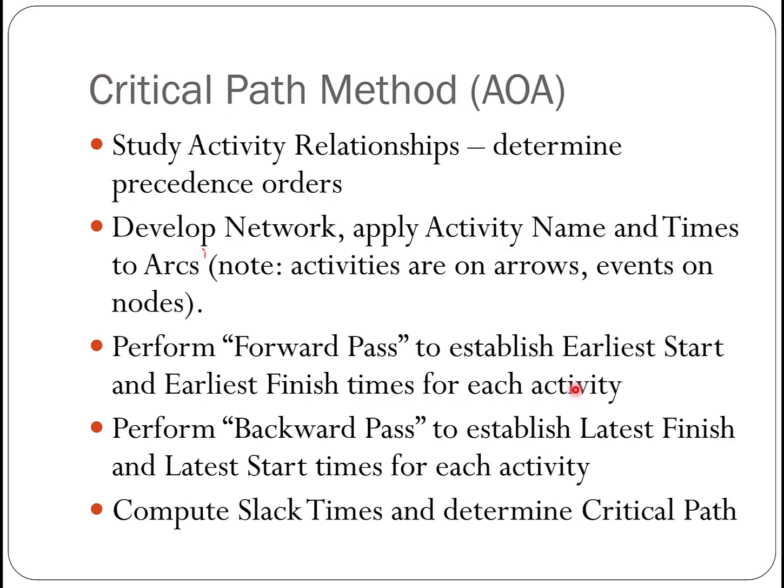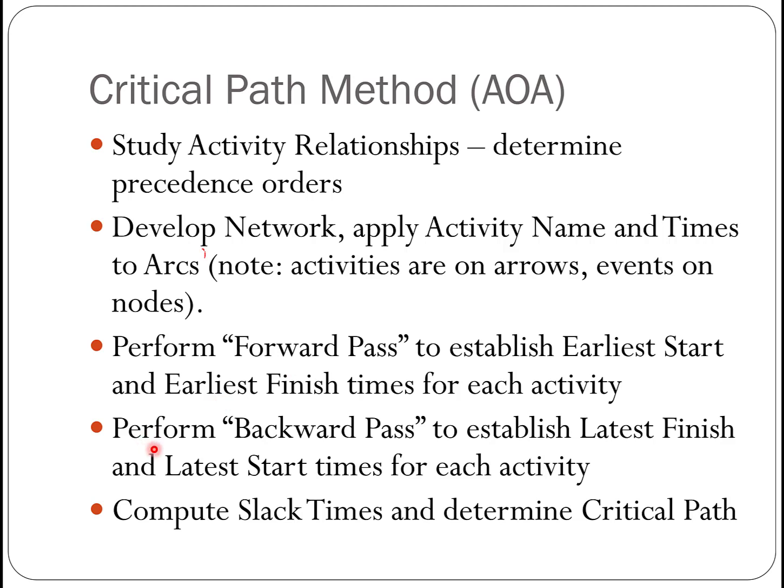So what this means is that we want to find out the earliest time that an activity can start, as well as the earliest time that an activity can finish. So we do this in a forward way. We'll talk about what we mean by forward later.